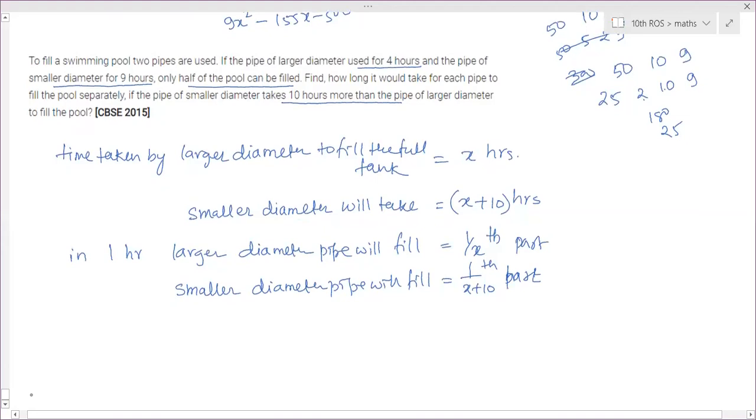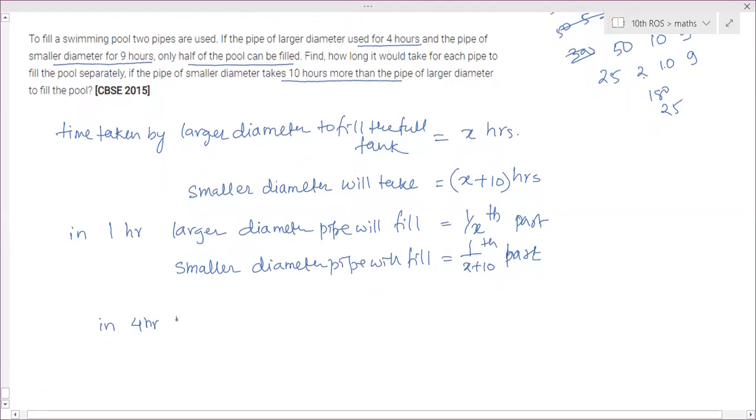So in 4 hours, how much part of the tank will it fill? 4 by X. The smaller diameter is used for 9 hours, and it will fill how much part of the tank? 9 by X plus 10. And altogether they are completing half the tank.